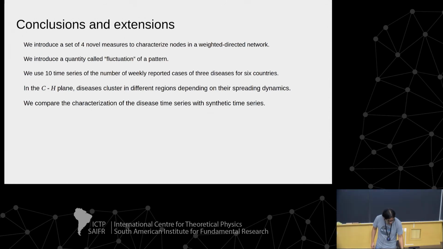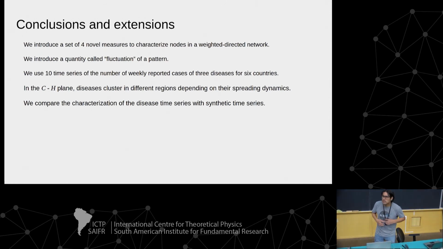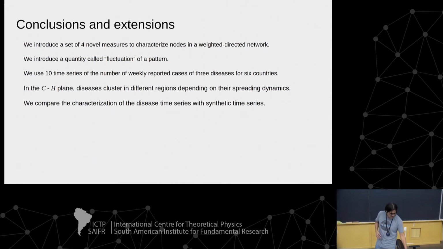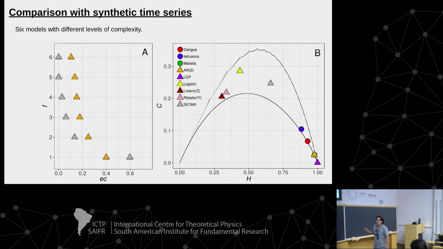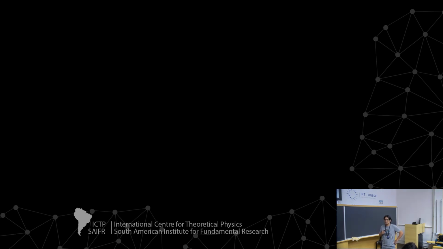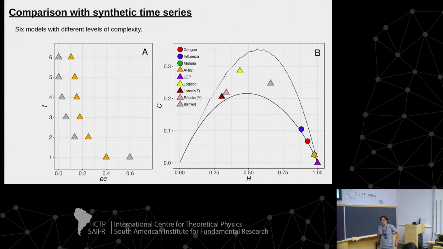Questions? Show me the last slide there. I mean, the lower line is the line of the random distribution? Yes. So am I to interpret that the distribution of these diseases is completely random?